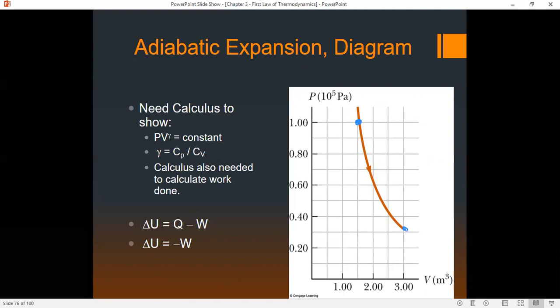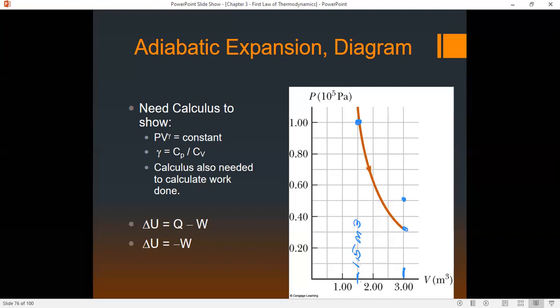If the temperature is constant, then the pressure would change inversely with the volume. So for instance, if we went from 1.5 meters cubed up to 3 meters cubed, we're doubling the volume, then the pressure should be 1/2, should be down right there.